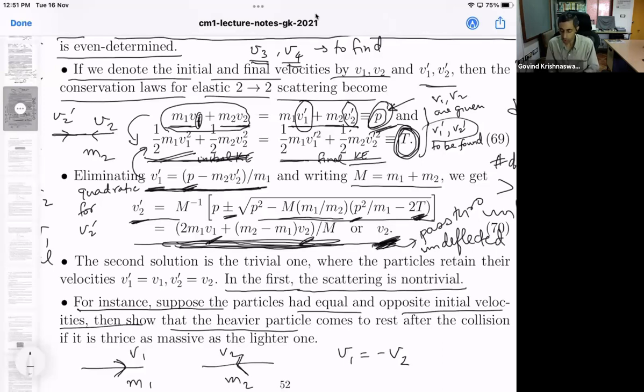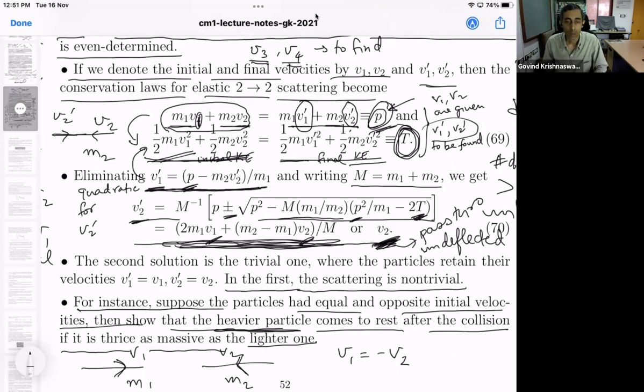It is possible to show that the heavier particle, by that I mean the more massive particle, comes to rest after the collision if it is thrice as massive as the lighter one. This is just a little fact that one can deduce from this formula, and I encourage you to do that.